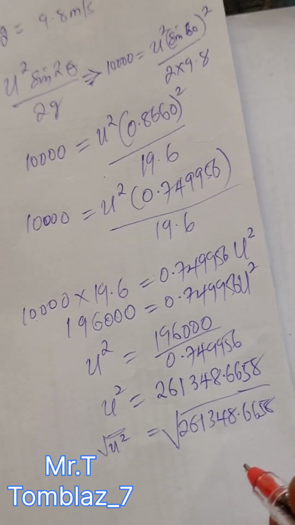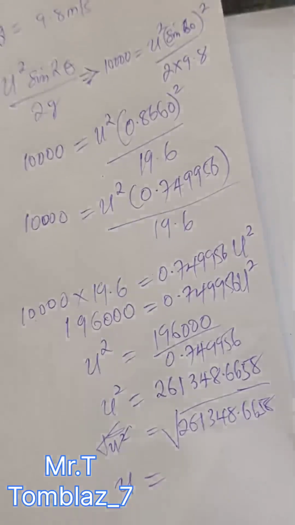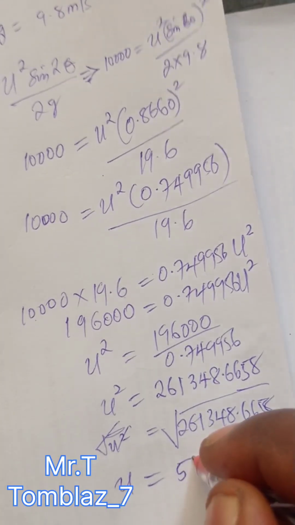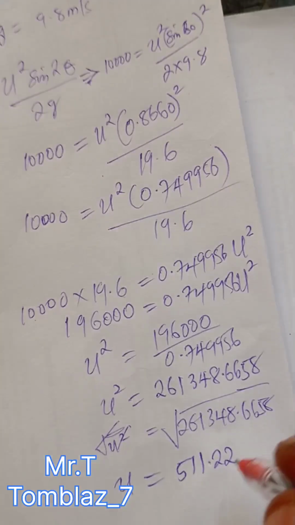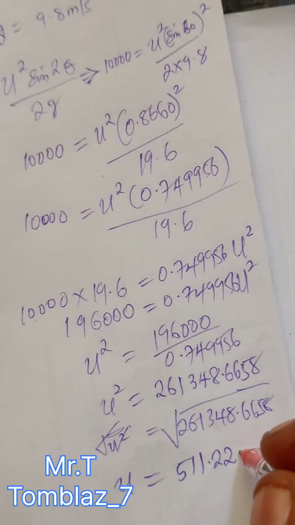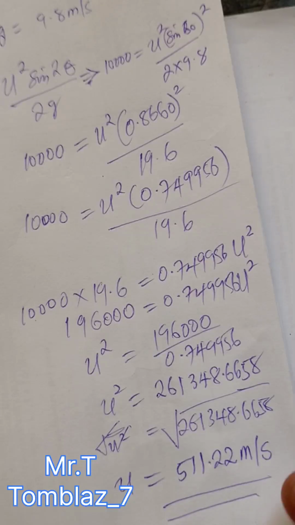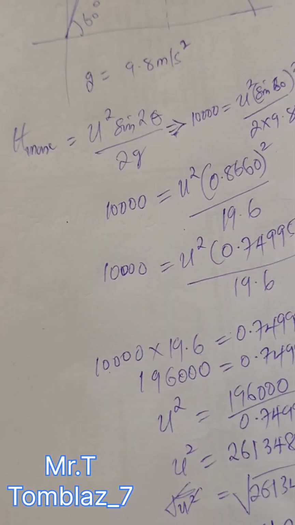U is equal to the square root of that value, which gives us 511.22, and since this is speed, it's going to be meters per second. So this is going to be our final answer.